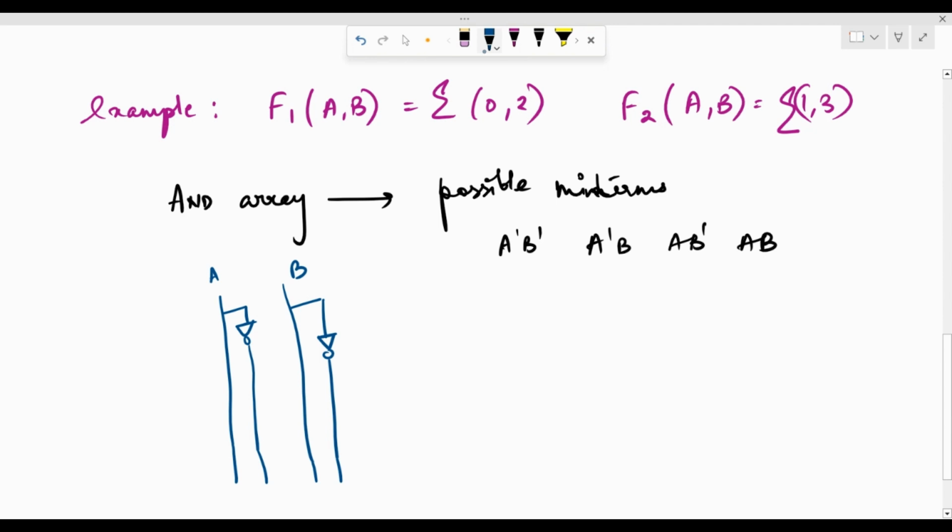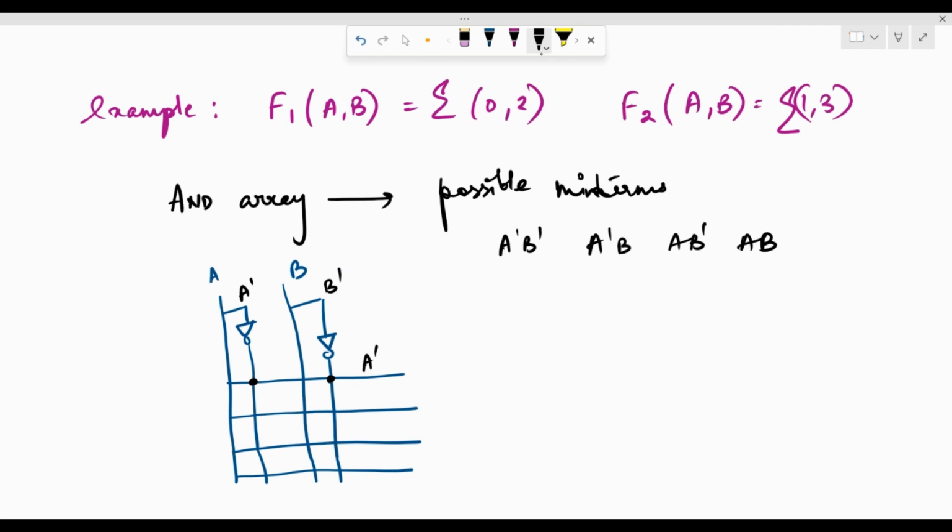Let me draw 4 lines here, one for each minterm. The first minterm is A' B'. So I'm going to put a dot in the A' and the B' line because this is A' and B'. This symbolizes that here I'm getting A' B'.